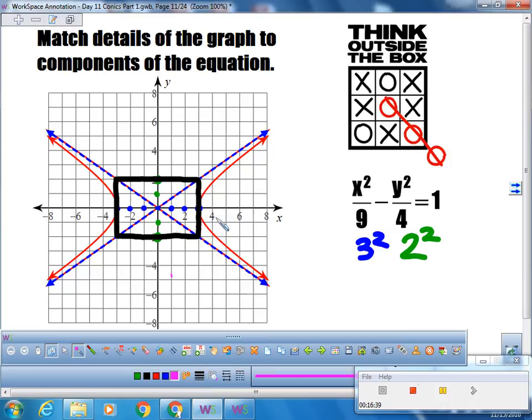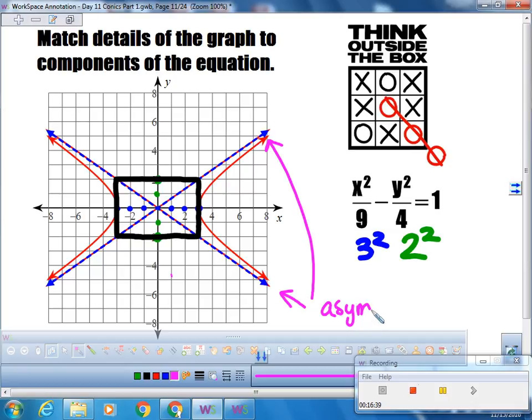So this right here and this right here are my asymptotes. Asymptotes guide things, kind of like an orbit, right? You know how something will orbit the Earth and it just goes around it and comes back down?